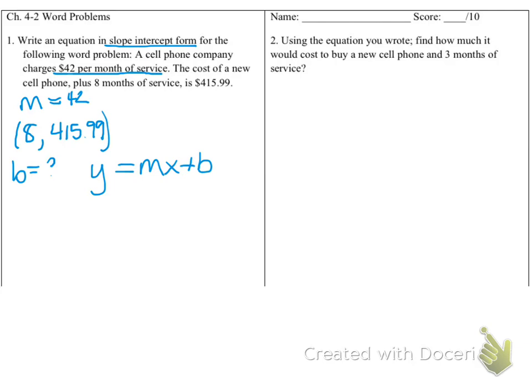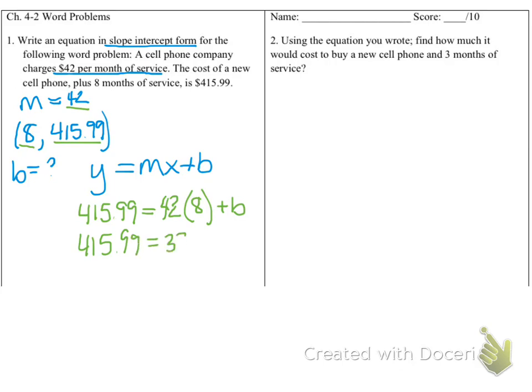So remember, Y is 415.99. M is 42. X is 8. And the thing that we don't know is B. So now all we have to do is simplify. Do 42 times 8, which gives us 336.